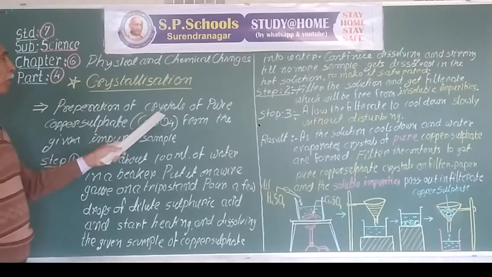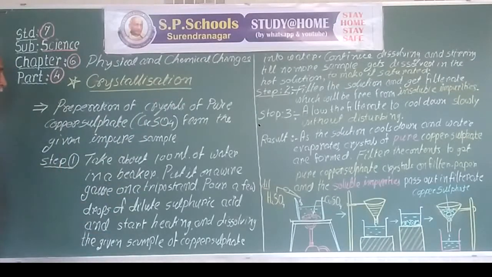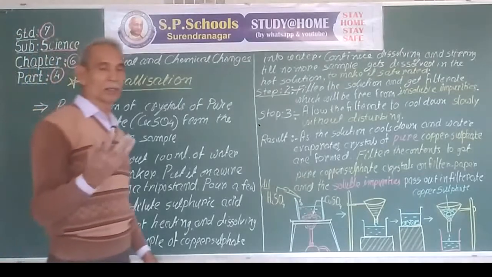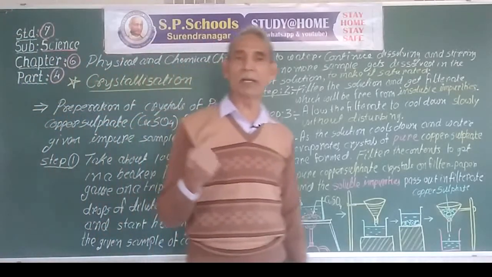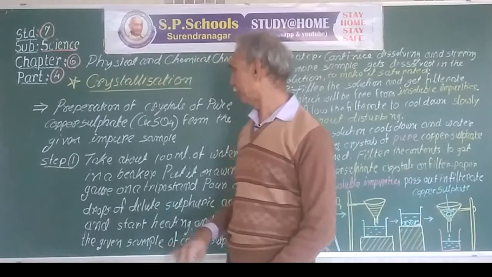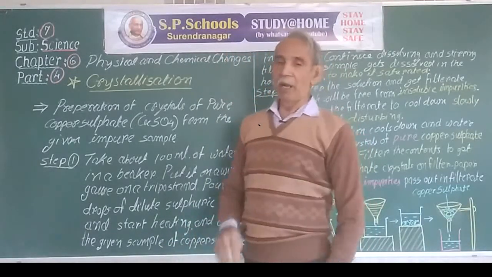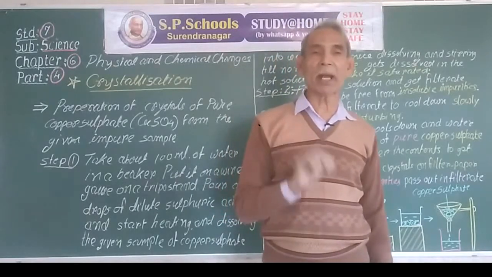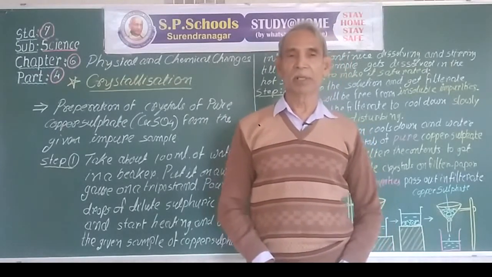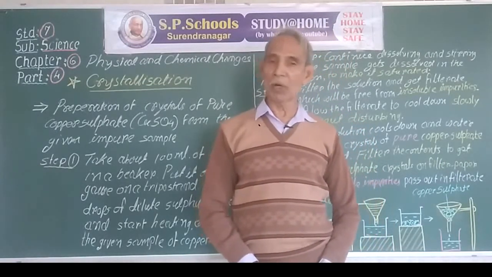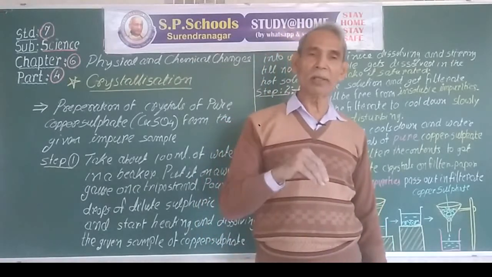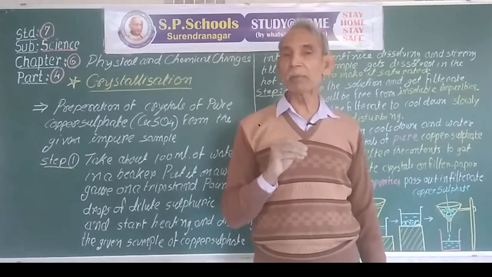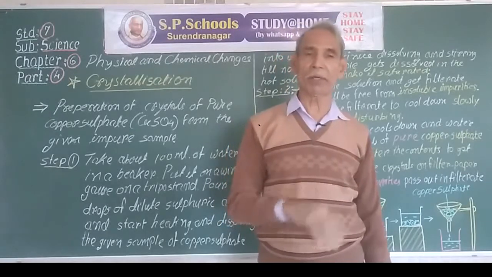So, for preparation of crystals of pure copper sulfate, take a beaker, take about 100 ml of water in it, put a few drops of dilute sulfuric acid in the water and dissolve the given impure sample of copper sulfate.